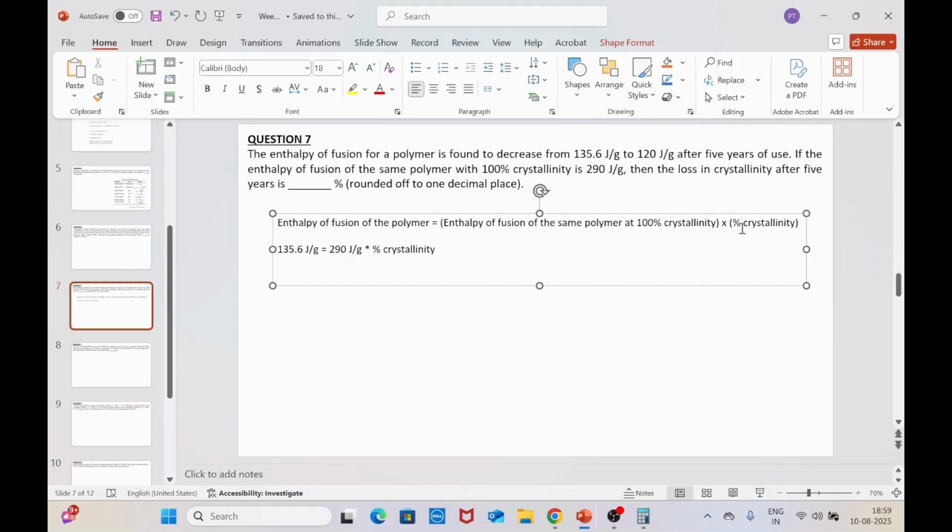When I said percentage crystallinity, you'll get it as a fraction. Let me just write it as crystallinity itself. Is it okay right now?